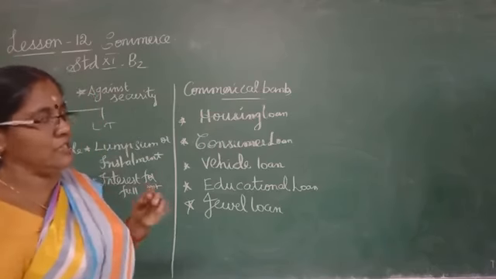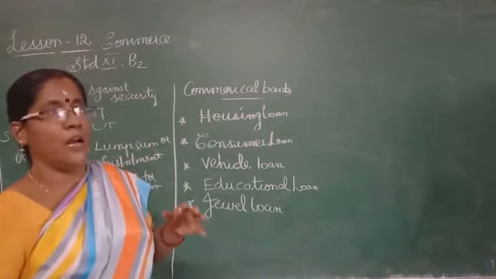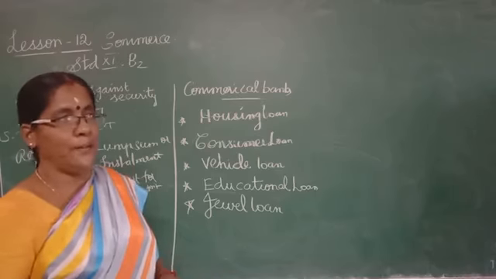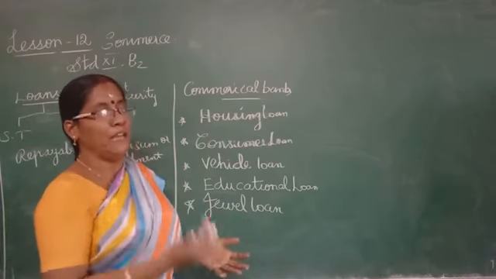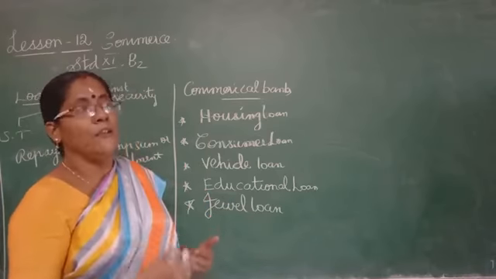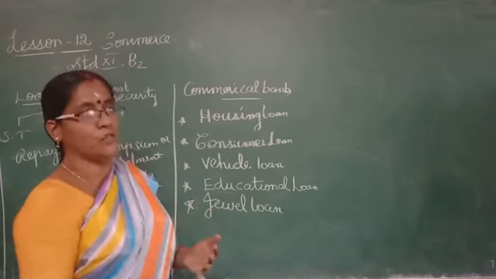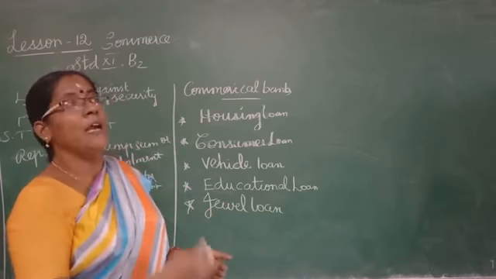First let us take the housing loan. If you are going to purchase a house or land, whatever it may be, they will hypothecate. We have to hypothecate the title deeds to the bank, and they will allot the amount stage by stage.